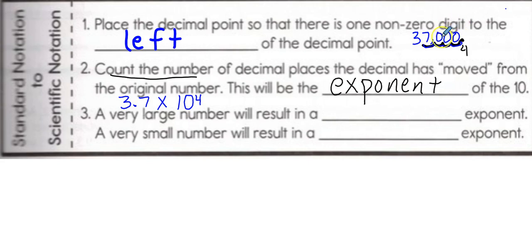So a lot of times kids think that I can just simply take the zeros off to go from standard notation to scientific notation, but that's not always true. Okay, a very large number will result in a positive exponent. So this was a large number. And a very small number, decimals, we'll be dealing with those in the next slide. A very small number will result in a negative exponent.